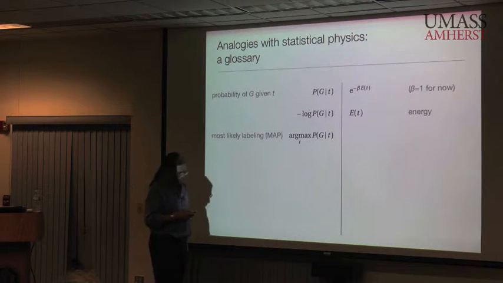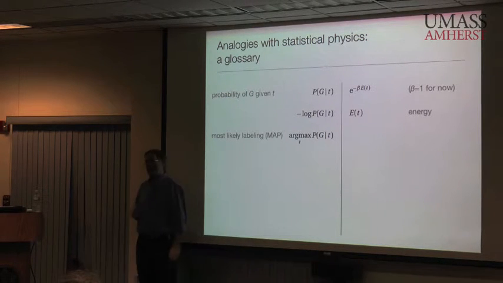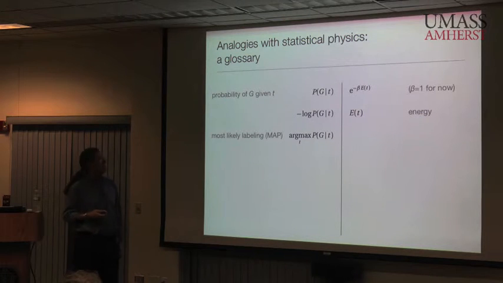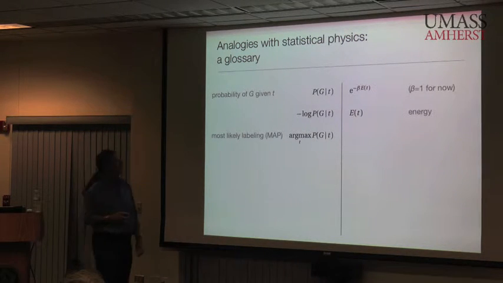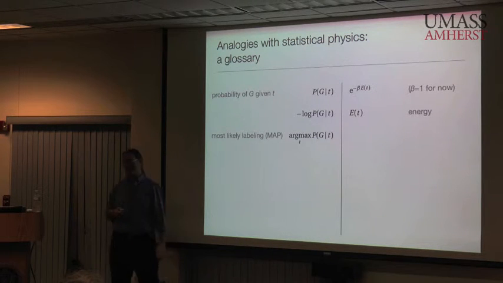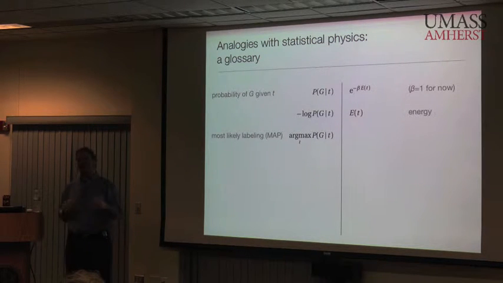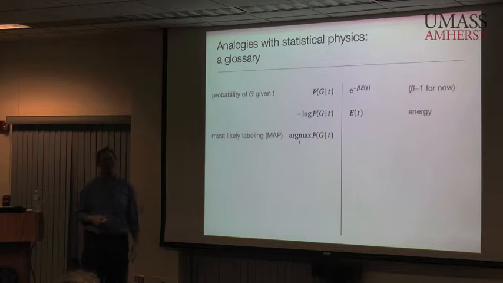Okay, well, what's the most likely labeling? The maximum a posteriori estimate. This is one of these fields where it is littered with 3-letter acronyms. I'm sorry, I can't do anything about it at this point. I would like to remove them all, but anyway.